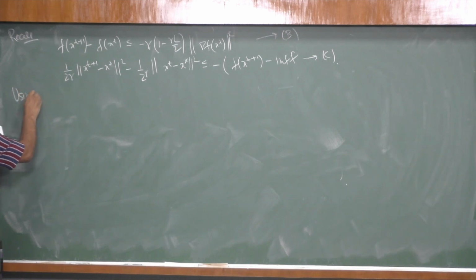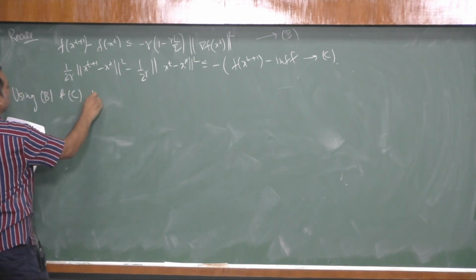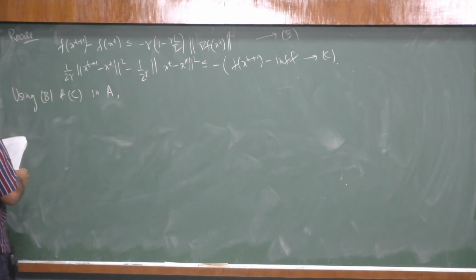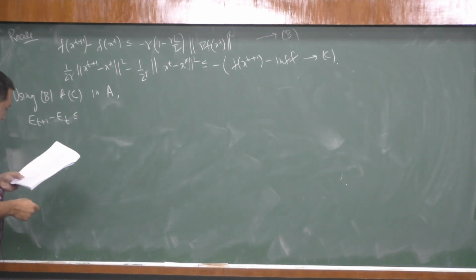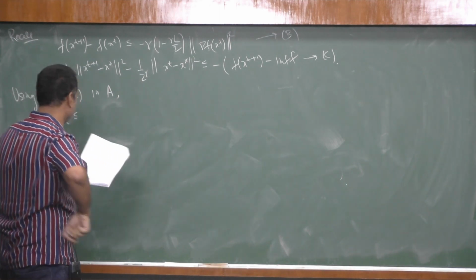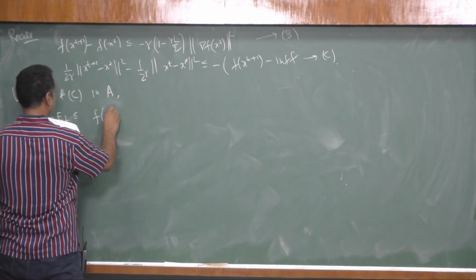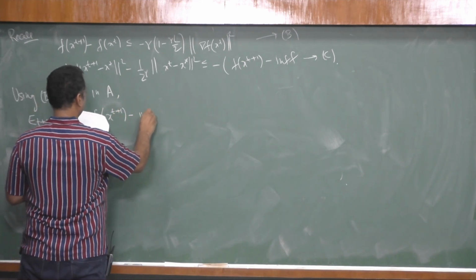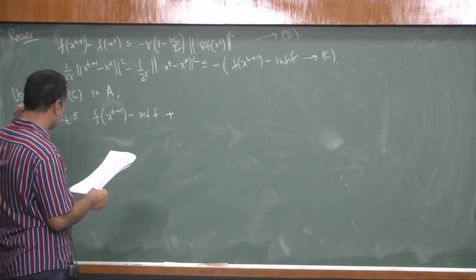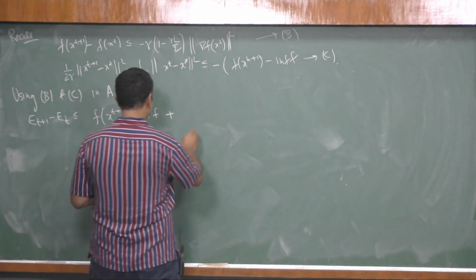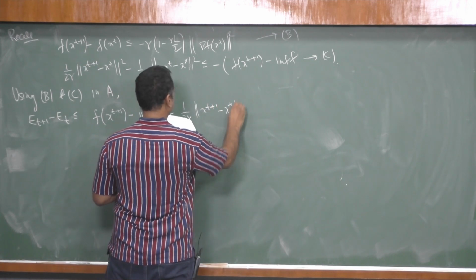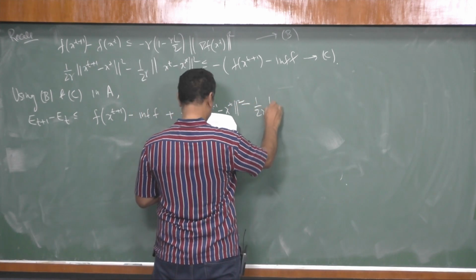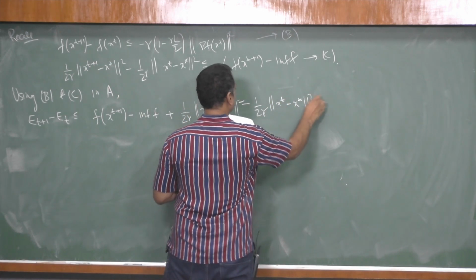So using B and C in A, we get E_{t+1} minus E_t is less than or equal to the first term kept as it is, f(x_{t+1}) minus the infimum of f, plus what is left: 1 by 2 gamma norm of x_{t+1} minus x star squared, minus 1 by 2 gamma norm of x_t minus x star squared.